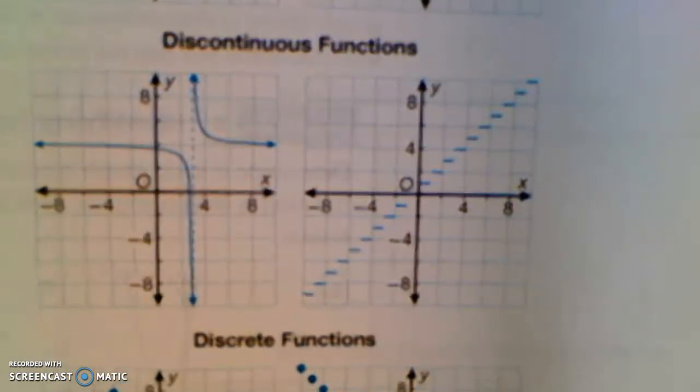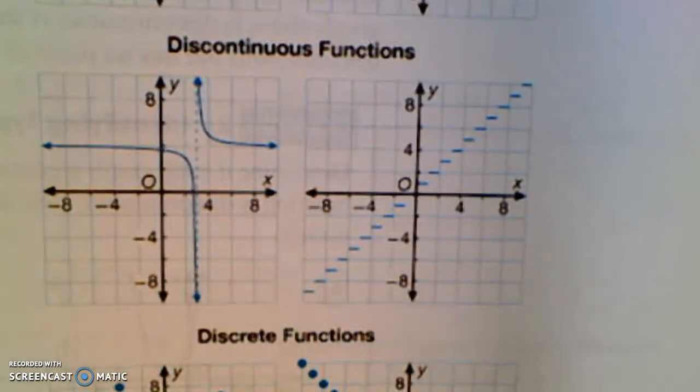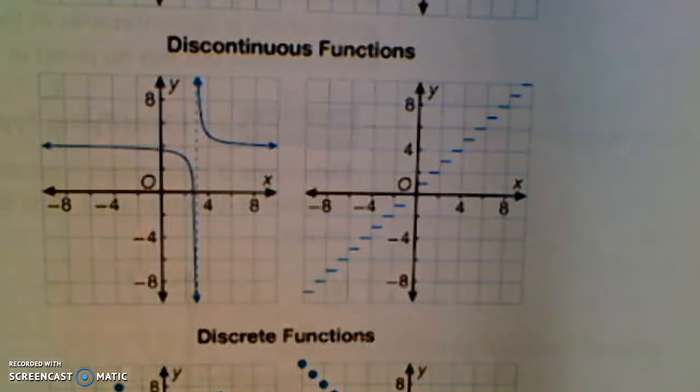So in each of these cases, on the case on the left, there's one break in the graph, right? It may be hard to see up on the overhead, but there's that dashed line indicating that at x equals, I think, 3 probably, it appears. At x equals 3, there's a break in the graph, right?